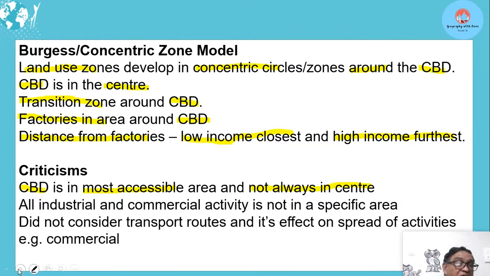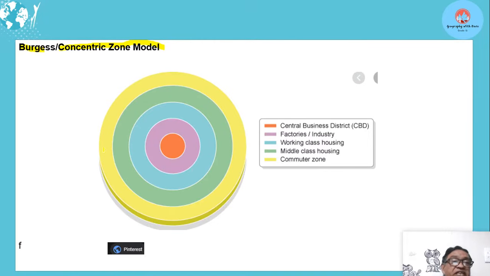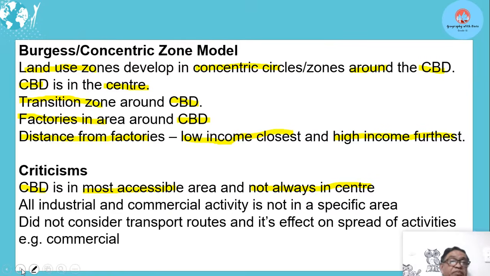So if I go back to this diagram, and if I create transport routes all leading to that point, then the chances are in my city, the CBD will be in that accessible point, not always in the center.